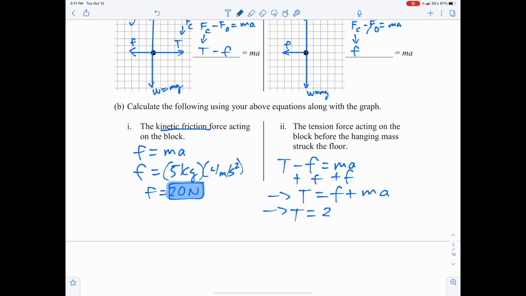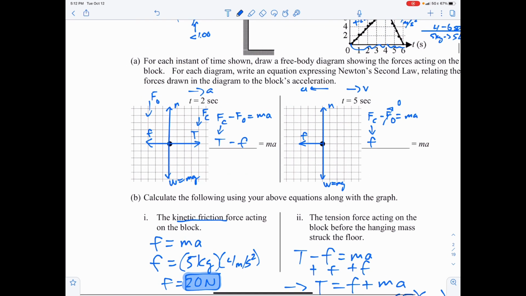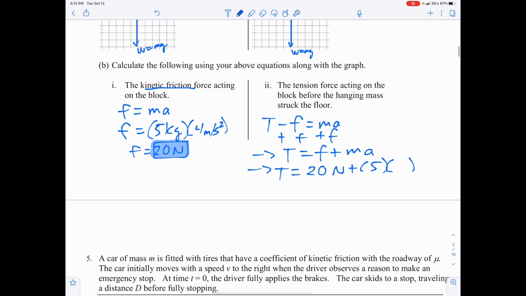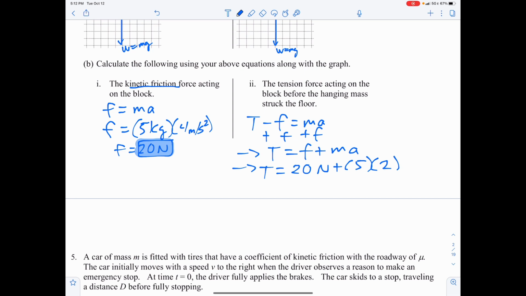Tension is equal to 20 newtons plus 5 times, now you want the acceleration during the first interval, which is the 2 meters per second squared. So 20 plus the 10 would give us a tension of 30 newtons.